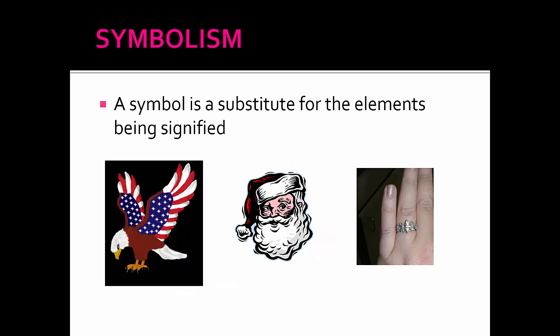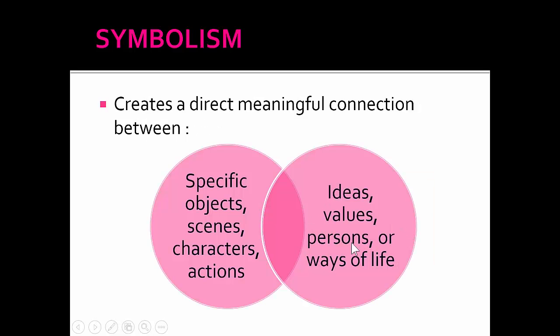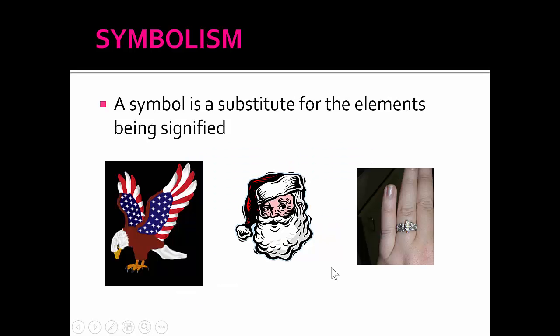But suddenly it's on my left hand, on my ring finger, and now we have this. Now I have a specific object, a ring, on my ring finger, on my left hand. Suddenly we have values and a way of life, right? It signifies a commitment, that I am married, in a commitment specifically that I'm putting out there.